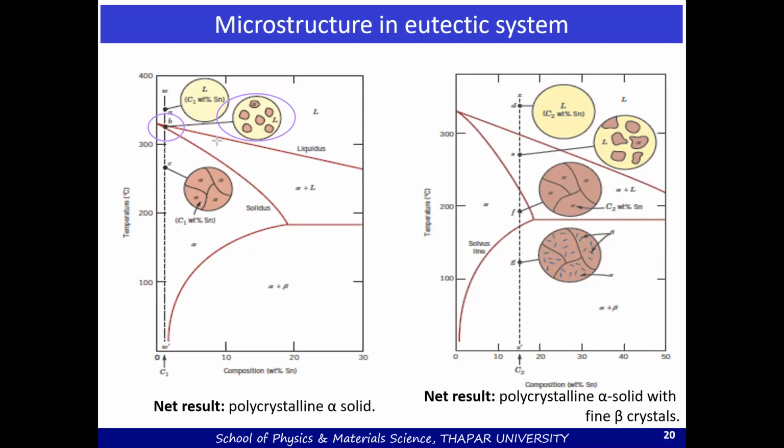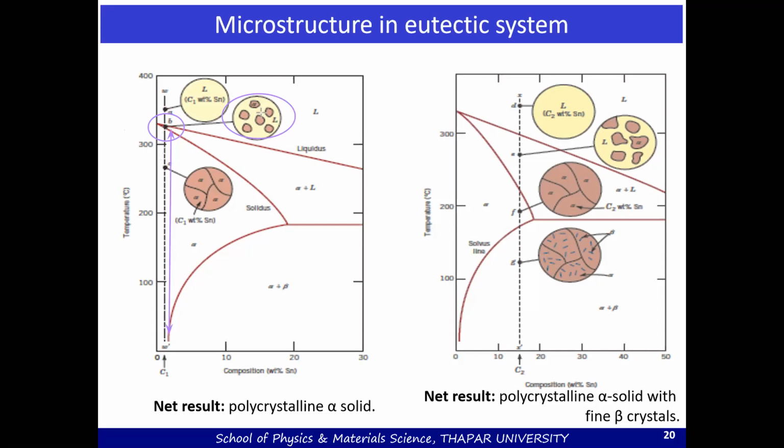Now if I keep cooling further below the solvus line, which is this particular line, as you go downward along this dotted line, your solid will remain the alpha solid and there will be no liquid present.